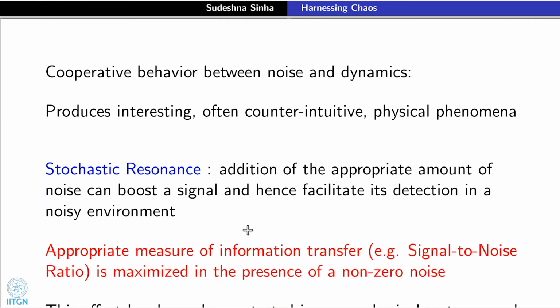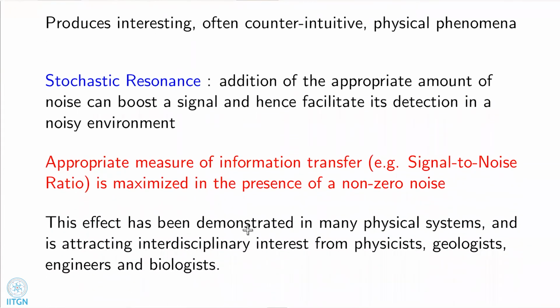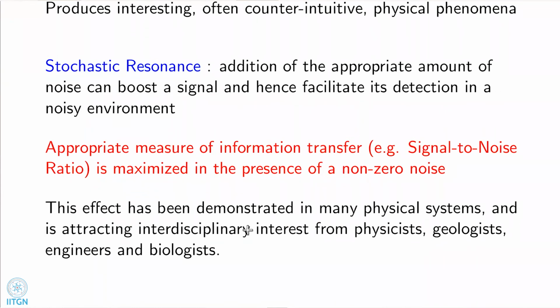In your signal to noise ratio, it is actually maximized in the presence of non-zero noise. That was the counterintuitive surprise: instead of making things worse, there is a window of noise where things get better before it gets worse, of course.